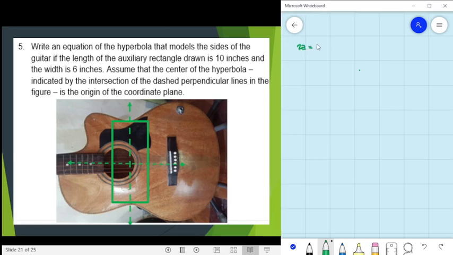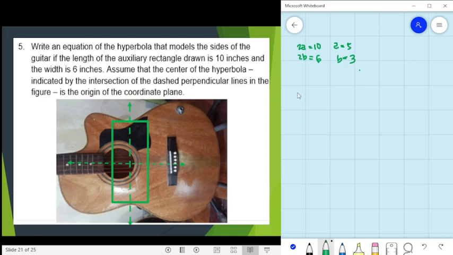Okay, 2a is 10 and your 2b is 6. So from here we have a equal to 5 and b equal to 3.